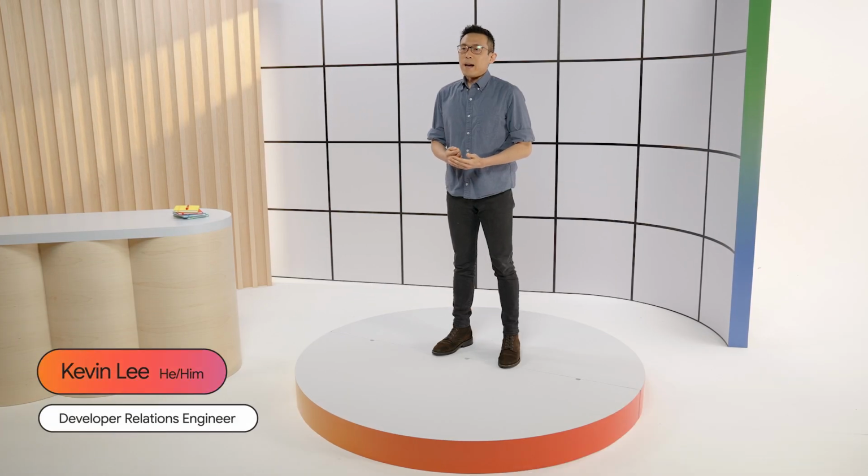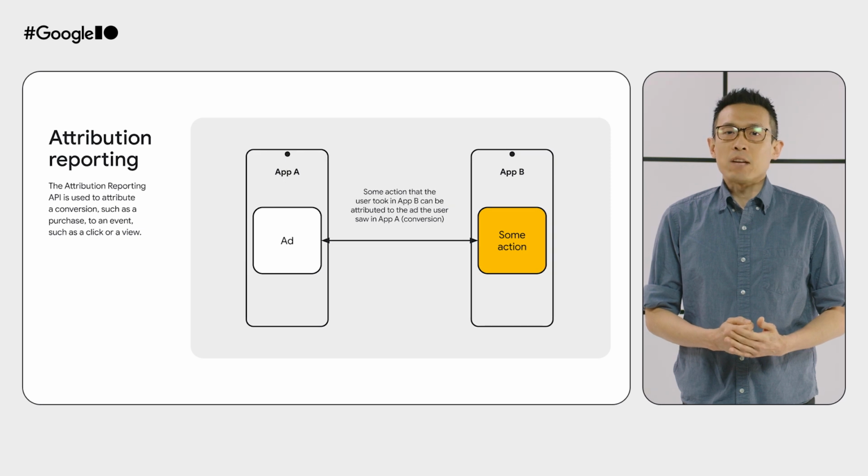To learn about how the Privacy Sandbox will support key ad use cases without cross-app or site identifiers, let's take a look at the Attribution Reporting API. The Attribution Reporting API is used to attribute a conversion event, such as a purchase, to an ad event like an ad click or view.